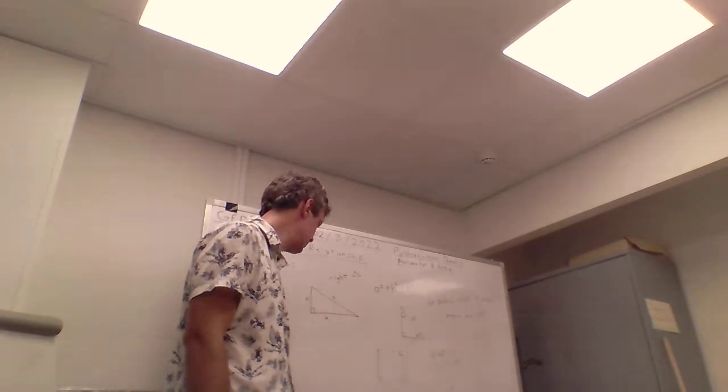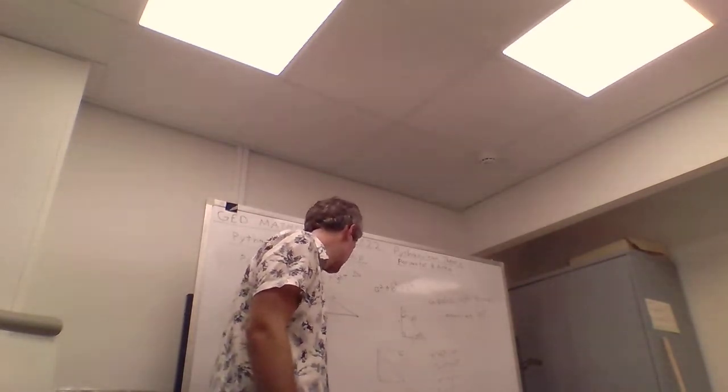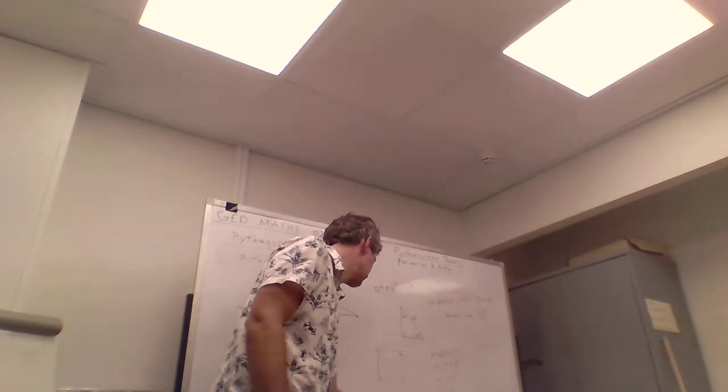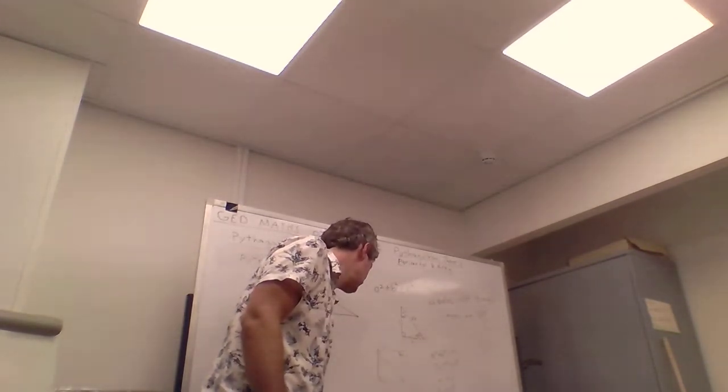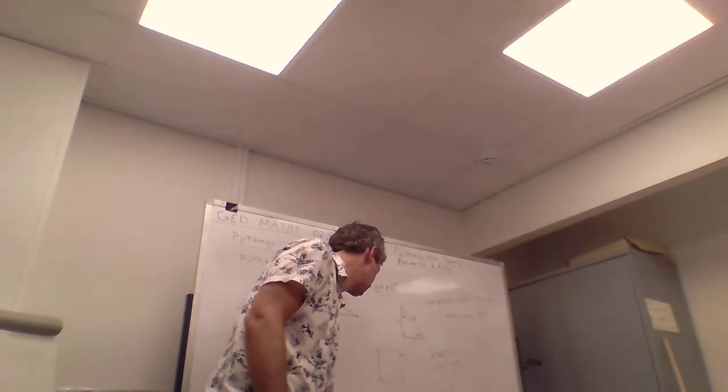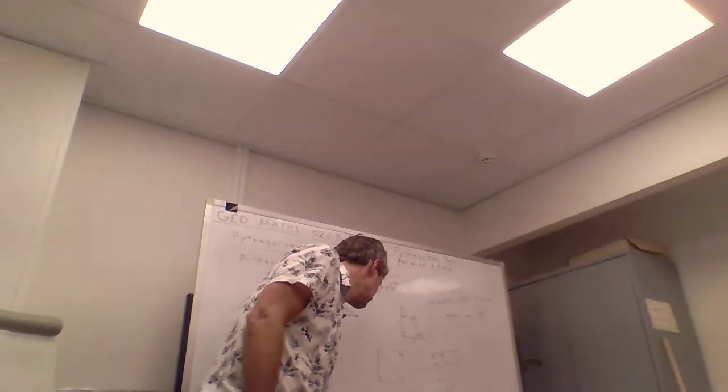Let's say that's b now. So 1 squared plus b squared equals 2 squared. Therefore 1 plus b squared equals 4. So b squared, we subtract 1 from both sides, b squared equals 3.